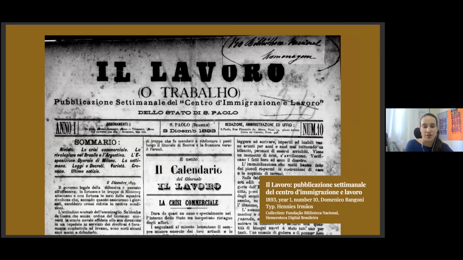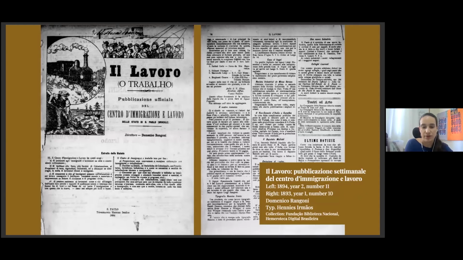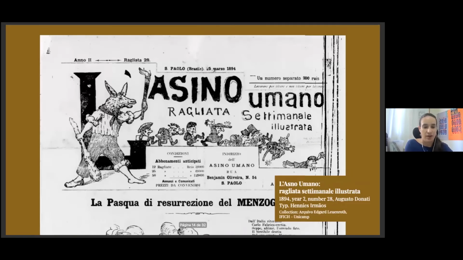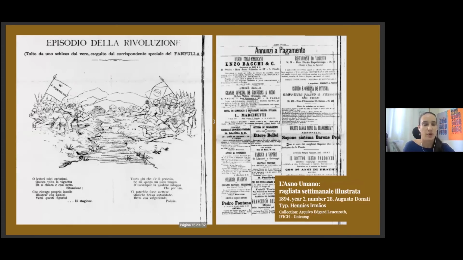Both publications employed mostly serif typeface and little ornamentation. Il Lavoro featured texts and illustrations dealing with labor rights and immigrants' work. L'Asino Umano featured satirical and provocative text and illustration. Both newspapers employed a variety of typeface for the ads published in the last page.